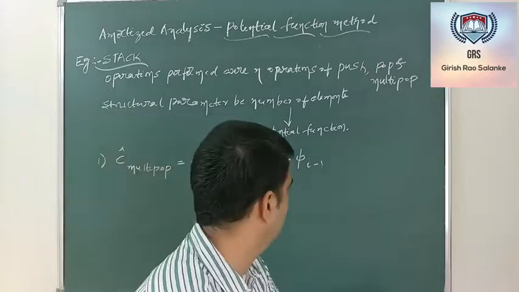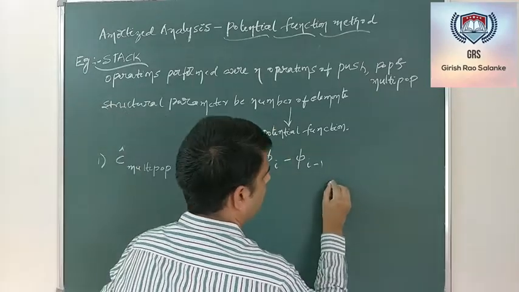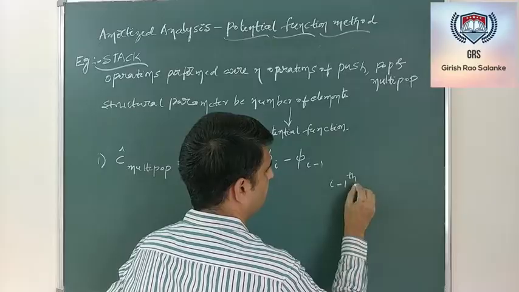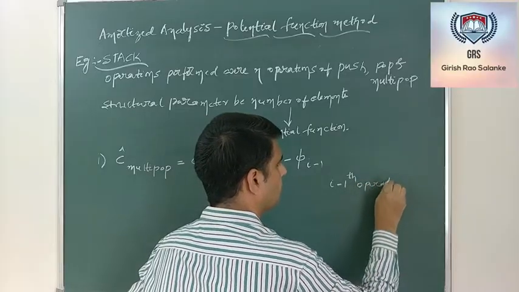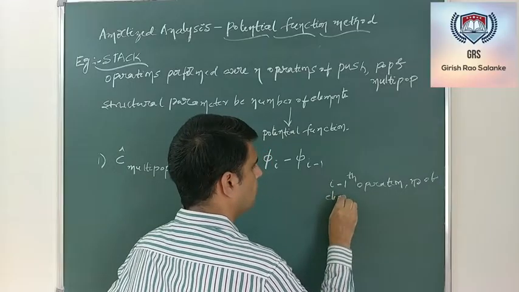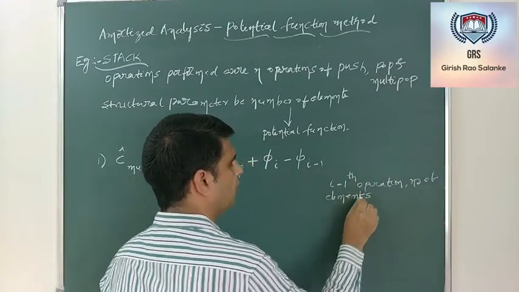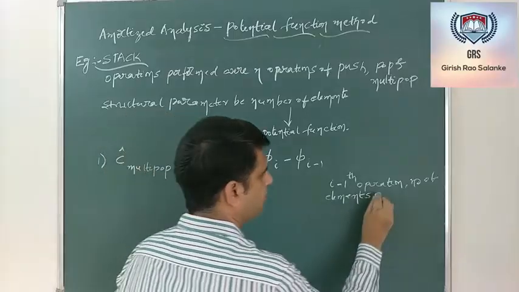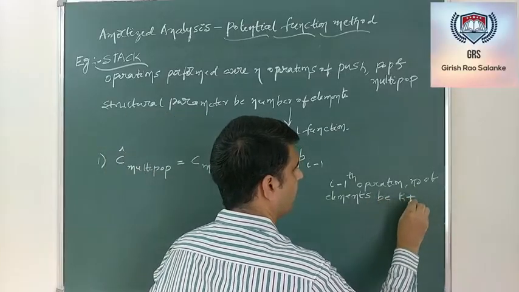Here once again we'll assume that after performing the i minus 1th multi-pop operation, the number of elements is k plus n.